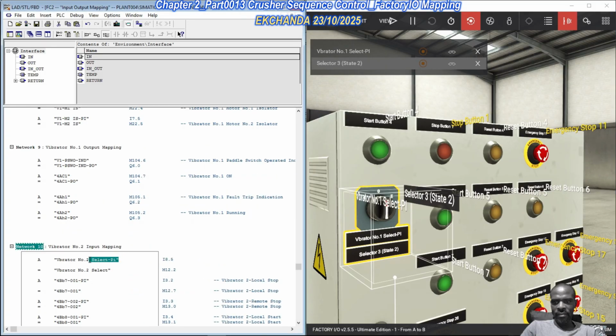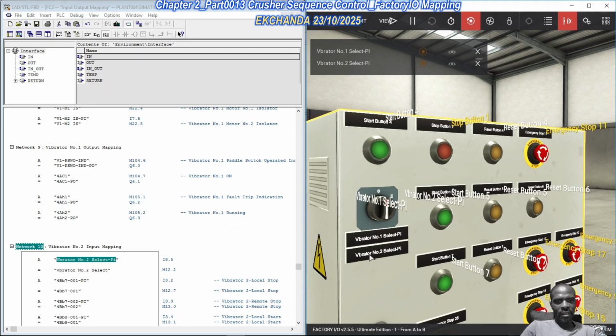Okay, Control C, Control V, right? So the multi-position selector switch has got vibrator number 1 select and then vibrator number 2 select. So you can use this arrangement.